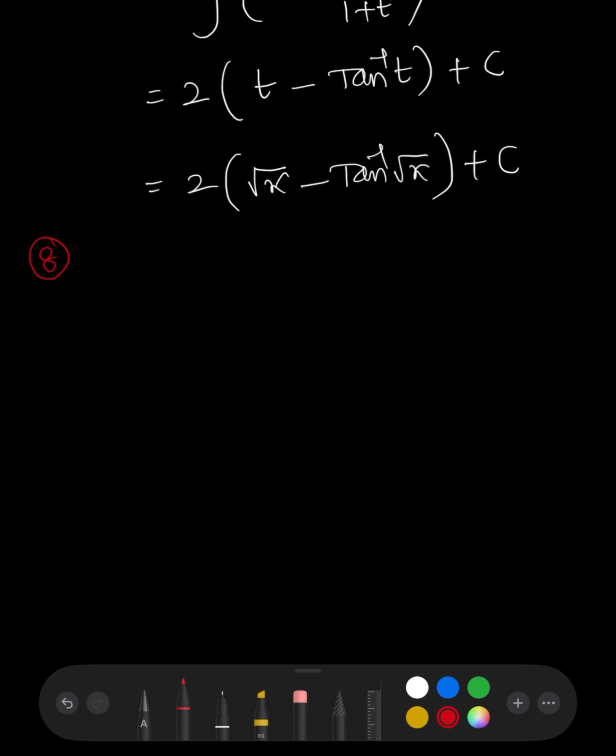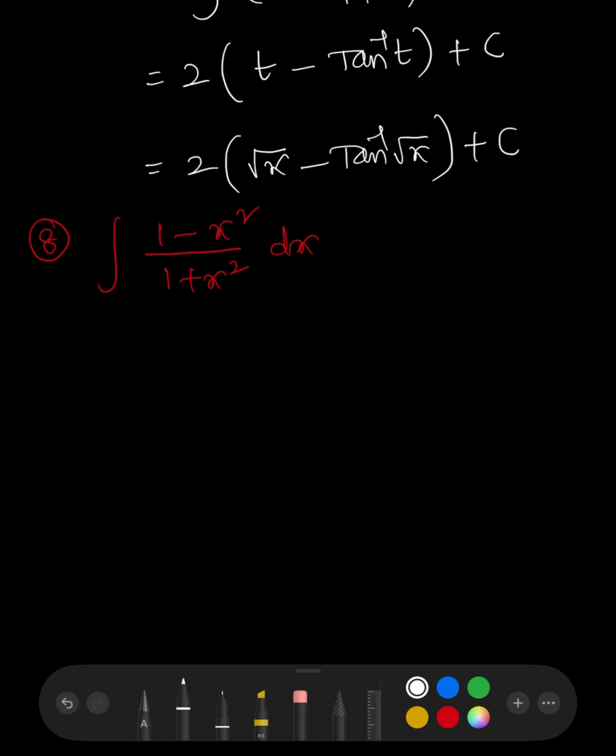That is integration of 1 minus x square by 1 plus x square dx. In this type of question, the numerator's highest degree and the denominator's highest degree are both the same. We can divide: first plus x square and minus x square plus 1, and the quotient is minus 1, so we write minus x square minus 1.